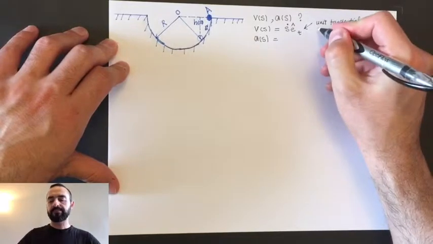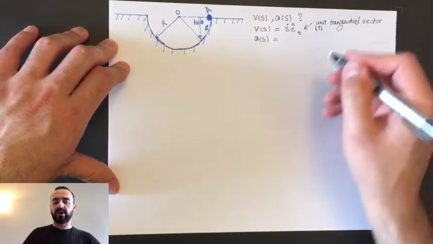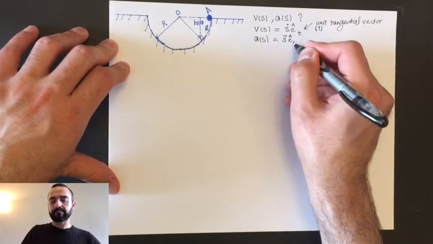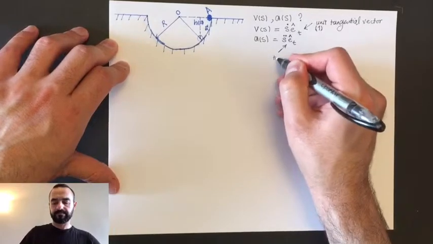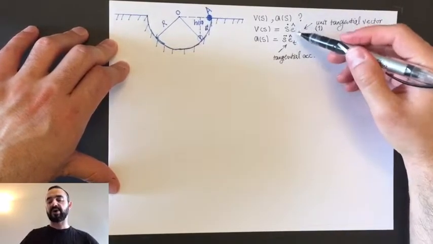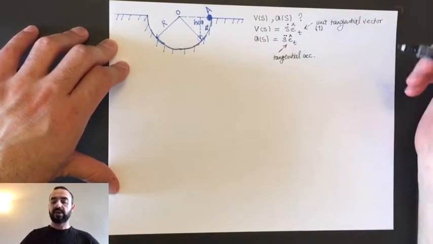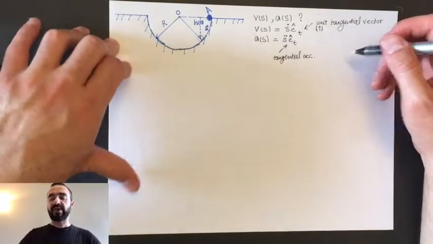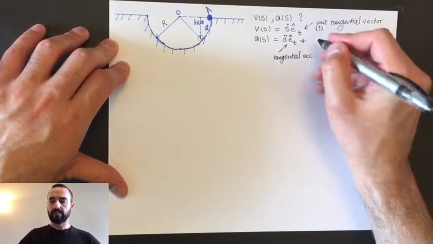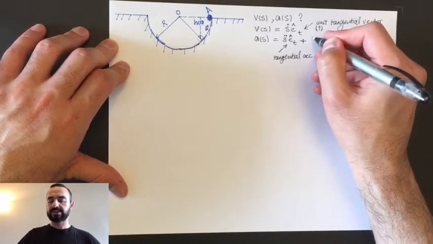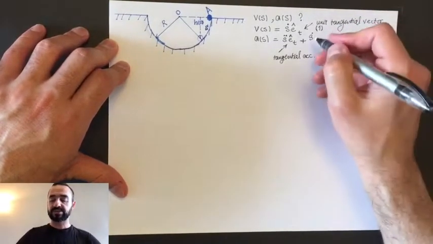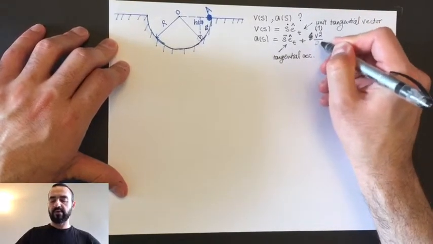If you differentiate equation 1 with respect to time, you've got S double dot E hat t, which is the tangential acceleration, and then you have S dot E hat dot t, and you can find the derivation for the second term in any textbook, and the second term results in S dot squared, or you can use V if that's easier to understand, V squared over rho E hat n.